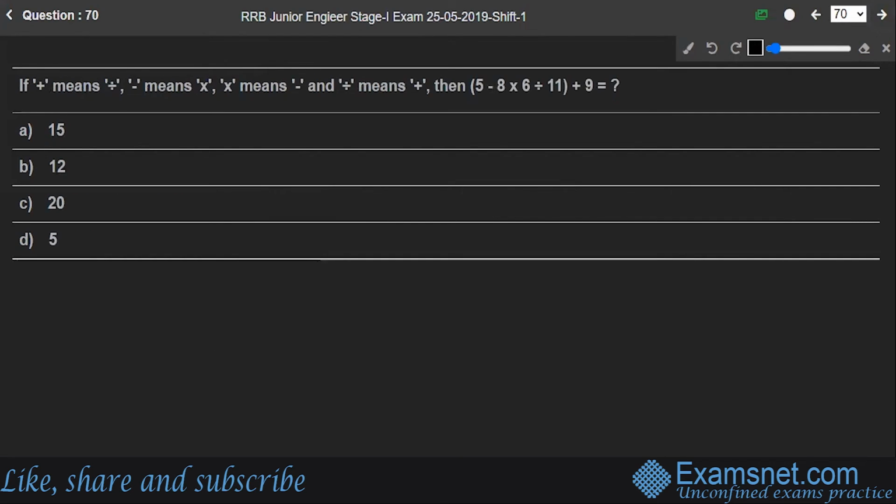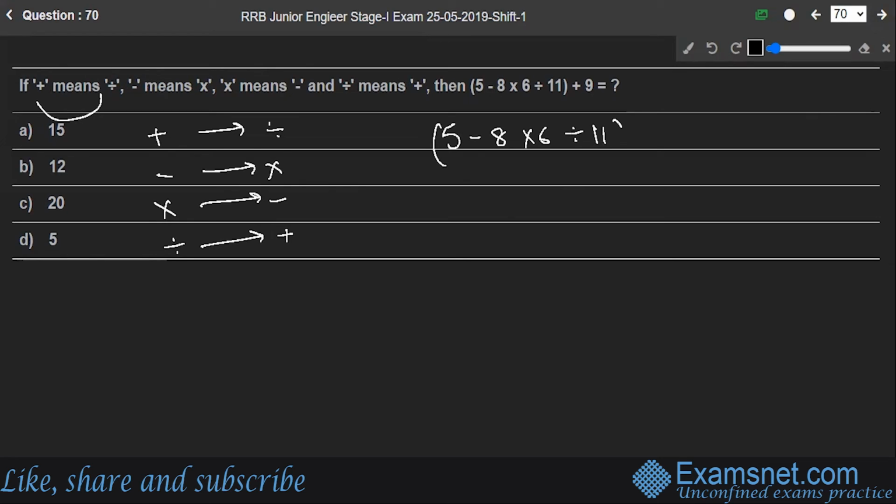Next, question number 70. If plus means division, minus means multiply, multiply means minus, and divide means plus, you have to find out what is 5 minus 8 multiply 6 divided by 8 plus 9. Let's change it.